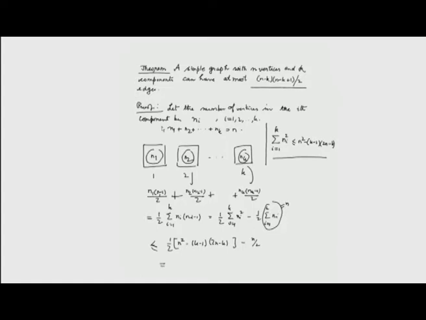And finally, if we simplify, we will get (n minus k) times (n minus k plus 1) by 2, which is the answer. Thus, we have got an upper bound on the number of edges of a simple graph with n vertices and k components. These are more or less the results on connected graphs and connected components that we study in this course. And now we move on to another topic called operations on graphs.